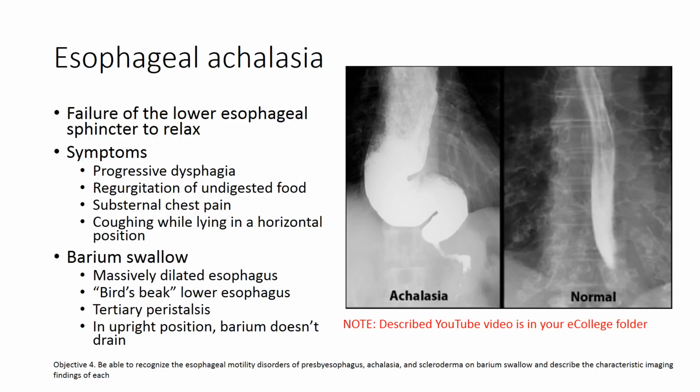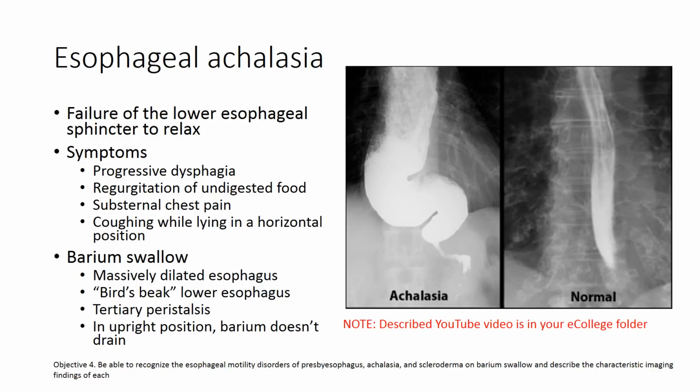And we'll see that on the next image. But basically, barium or any food is very slow to enter the stomach. It just sits in that esophagus for a long time because the lower esophageal sphincter is tight. It's not allowing things to get through.